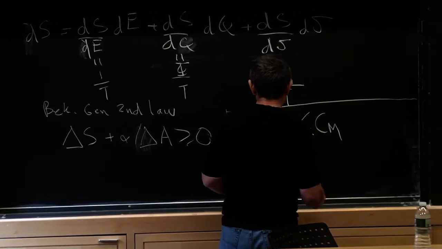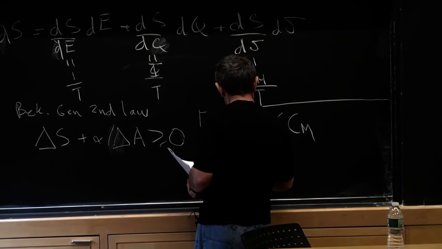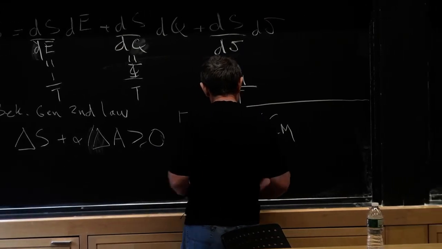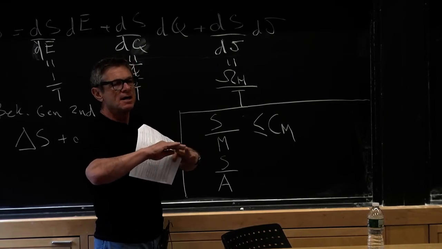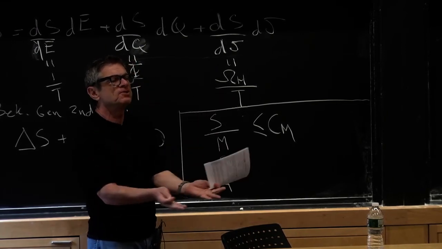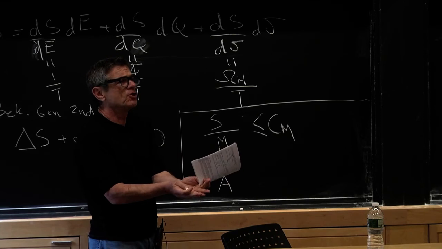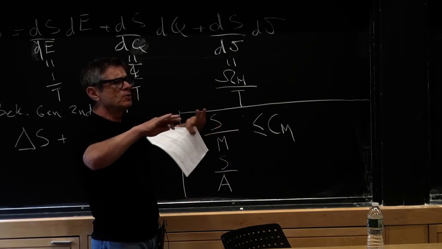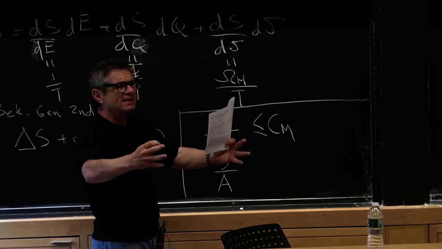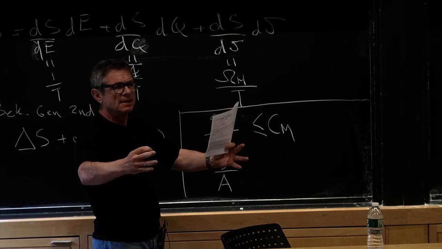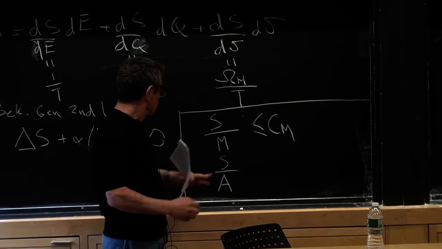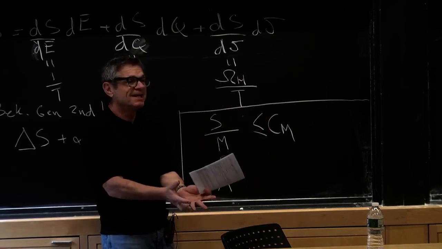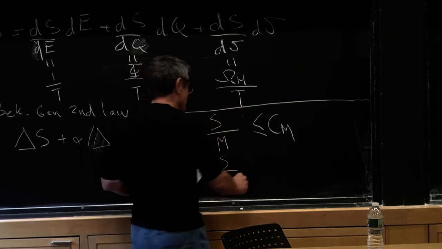And then there's another one, that the entropy which you could stuff, if it's of ordinary matter, not a black hole, inside some region of area A, must also be bounded.